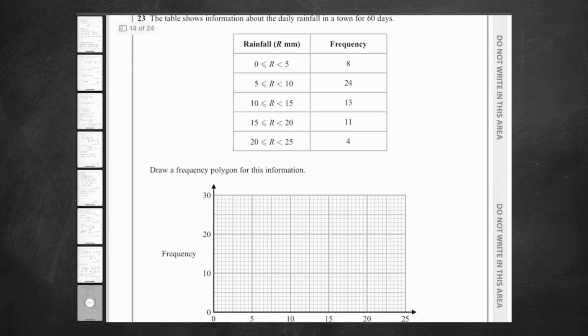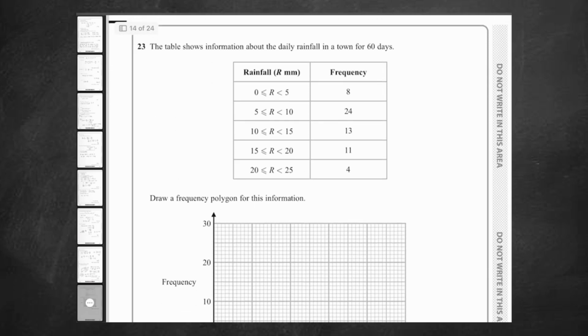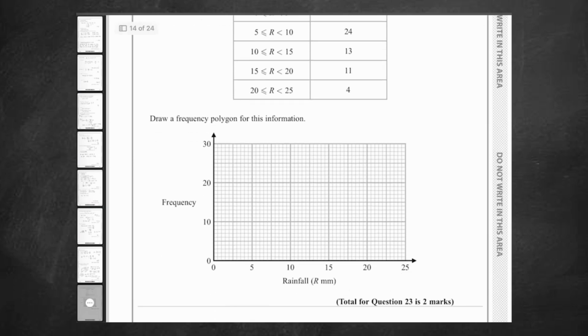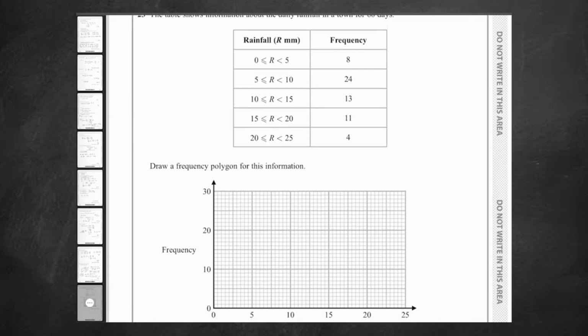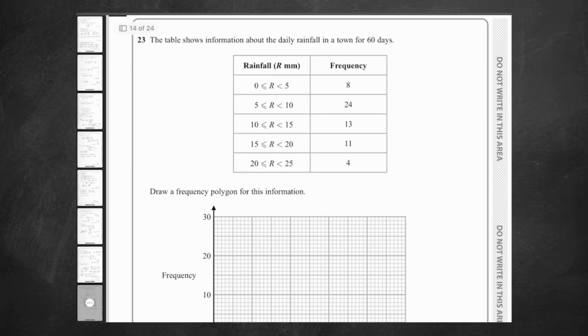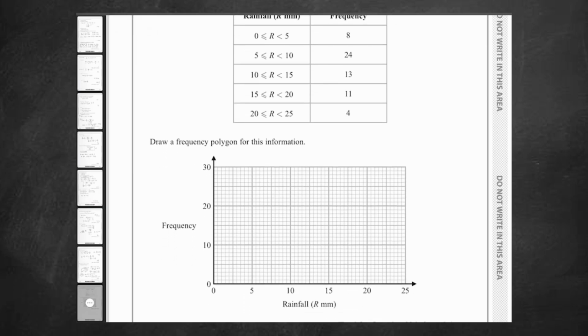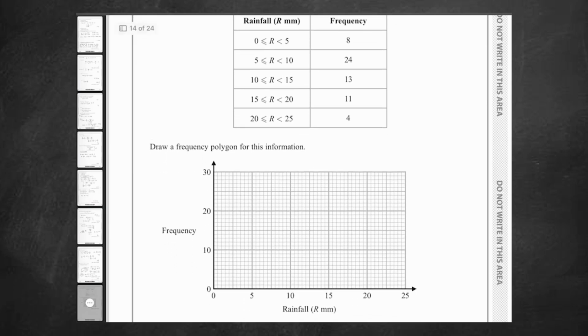Question 23. The table shows information about the daily rainfall in a town for 60 days. Draw a frequency polygon for this information. So, all we have to do here is make sure for each of the 5 rows that we are taking the midpoint of the section.